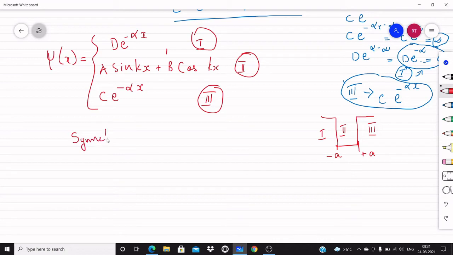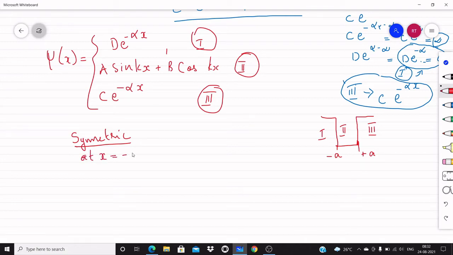So let us consider if the wave function is symmetric. For the symmetric case, you have to take the cosine function, because in region 2 we have to retain only the cosine function, because this is a symmetric function and this is an anti-symmetric function.